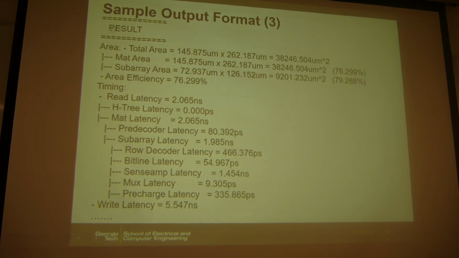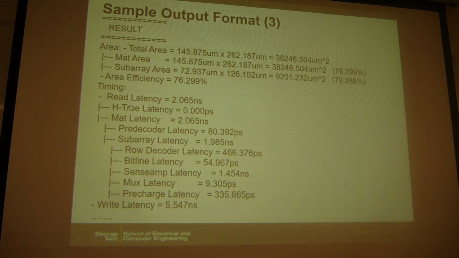Then it will be followed by the real results. So this is the result. It will give you the total area, in terms of square micrometers. Then it will break down the area into the mat level and the subarray level, so you know the size for the mat and the subarray, and it will also report the area efficiency for the whole bank.